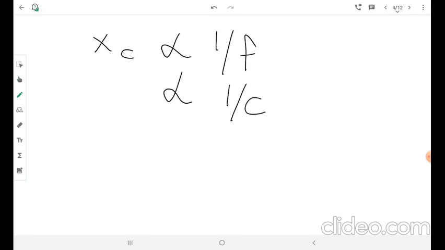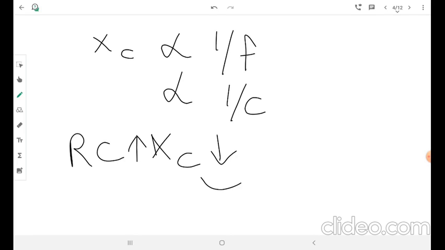So for a high value of RC, what will happen? If the capacitor value is very much high, that means the reactance will be very less. They are inversely proportional. Okay. So RC high means Xc, the reactance, will be less. If the reactance of the capacitor is very less, what will happen?